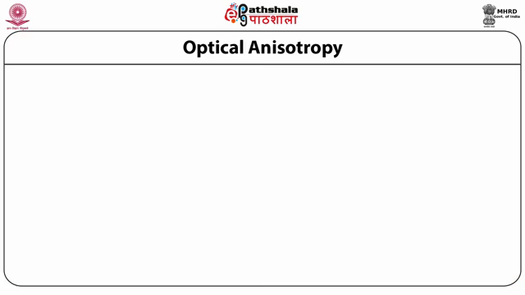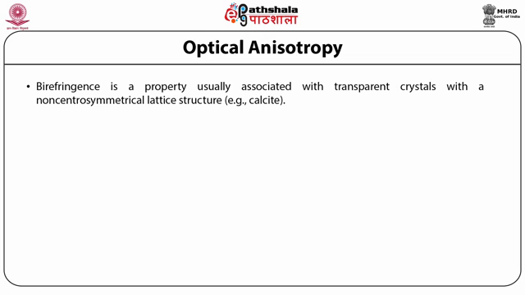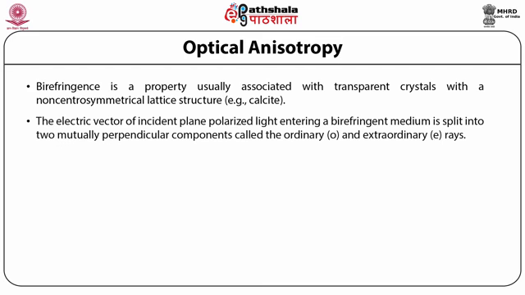Optical anisotropy. Birefringence is a property usually associated with transparent crystals with a non-centrosymmetric lattice structure, for example calcite. The electric vector of incident plane polarized light entering a birefringent medium is split into two mutually perpendicular components called the ordinary and extraordinary rays.